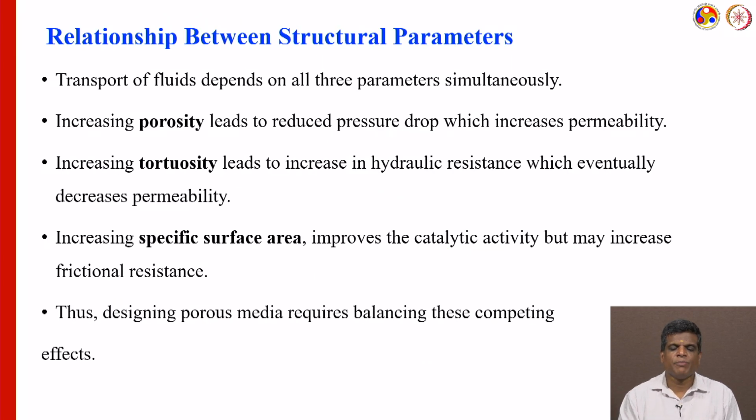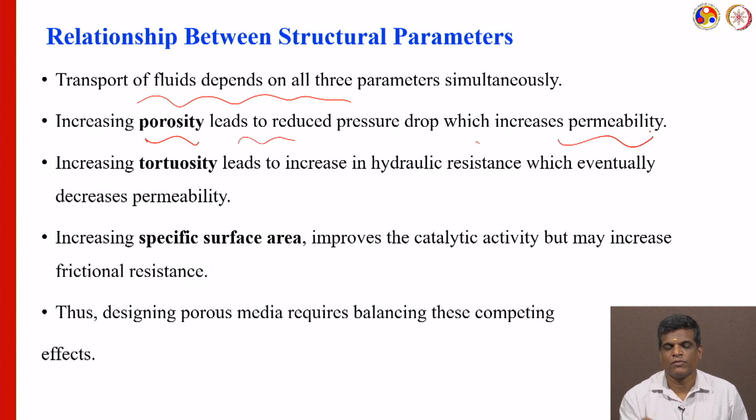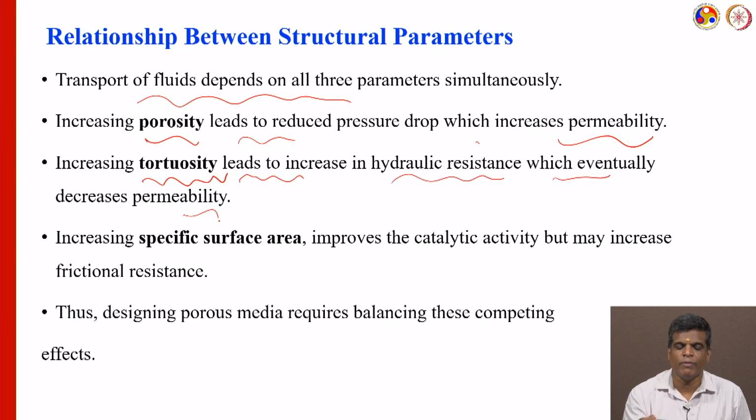What is the relationship between these structural parameters? We discussed that transport through the fluid depends on all three parameters simultaneously. One is porosity, the void volume by total volume. Higher porosity reduces the pressure drop, which increases the permeability. In the same way, increasing tortuosity increases the hydraulic resistance, which eventually decreases the permeability.